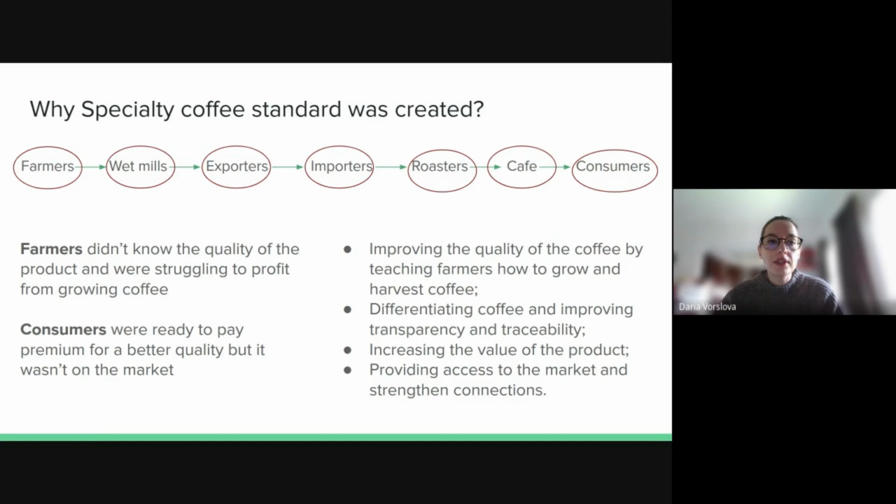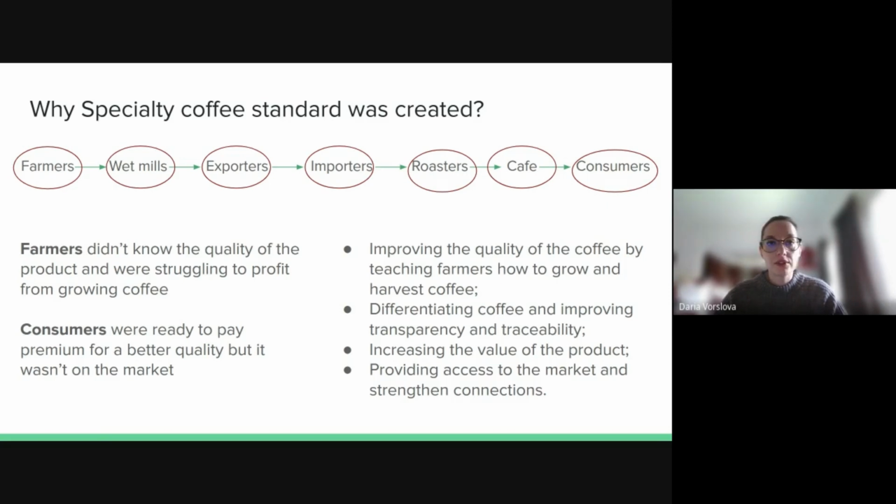And if the coffee fits the standard and we have a score number and a defect count, this information is placed on their website, in a database of the coffee that is certified as a Q coffee. And roasters or importers who are interested in buying this high quality coffee can go there, see this, connect with the farmer and buy this coffee from them.